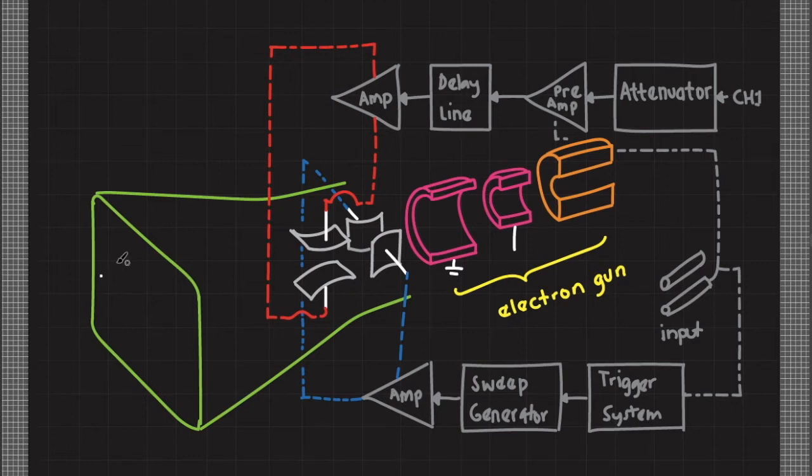This switching happens so fast that we can observe a steady line or a steady curve depending on the frequency of the input signal. So again, in this screen, the y-axis by default refers to the voltage level of the input signal, while the x-axis refers to time. The z-axis refers to the intensity, and there should be a knob on the oscilloscope to adjust the fineness of the graph you are seeing on the screen.